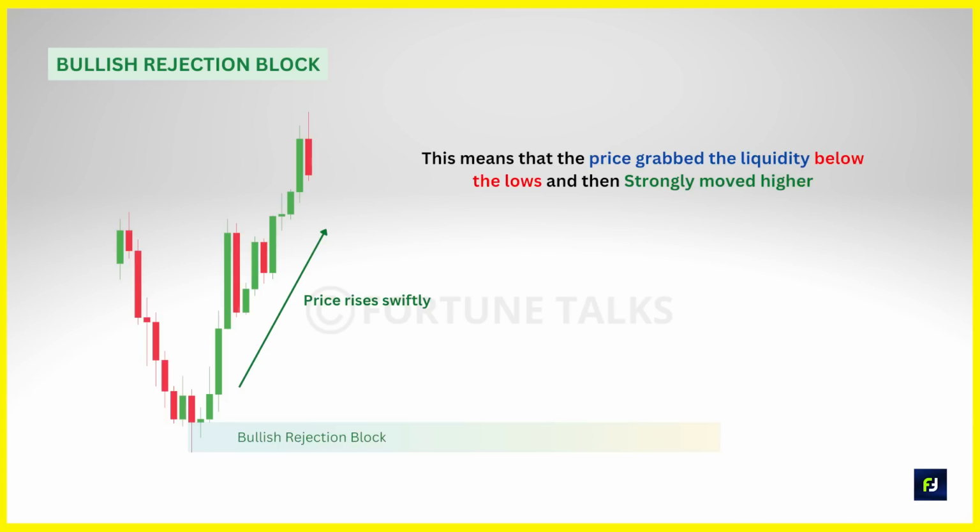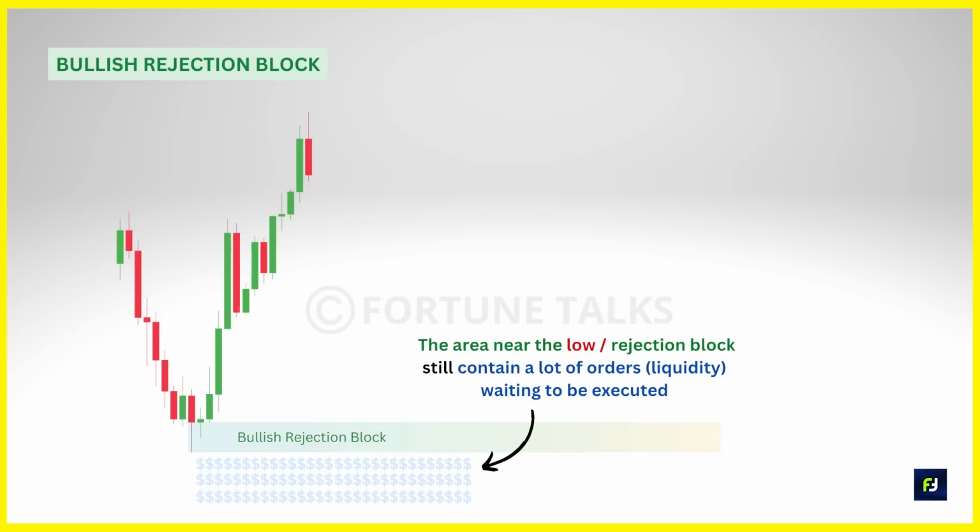So after sweeping the liquidity below the lows and forming a price rejection, we can expect the price to swiftly move higher. This tells us that the big institutions were involved in this move. It is worth mentioning that the area near the lowest wick or the bullish rejection block still contains a lot of retailer orders waiting to be executed.